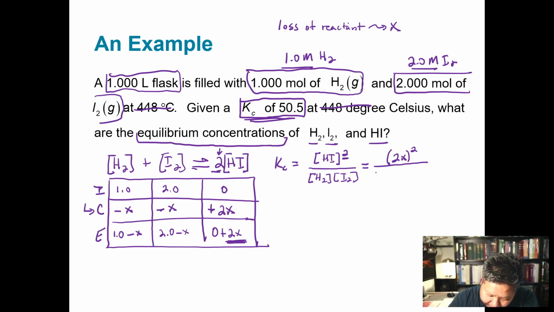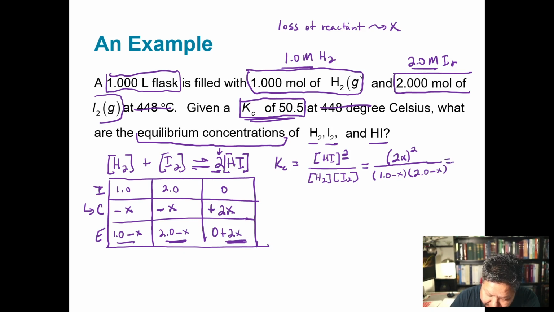And then down here below the line, it's going to be the equilibrium terms for H2 and I2, right? So for H2, it's going to be 1.0 minus x times the term for I2, which is 2.0 minus x.